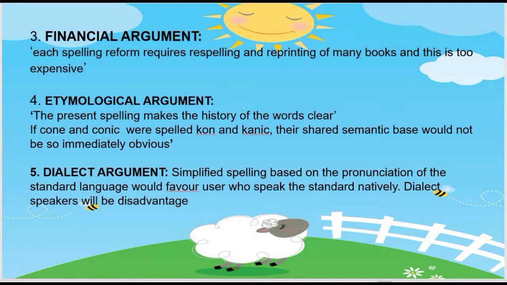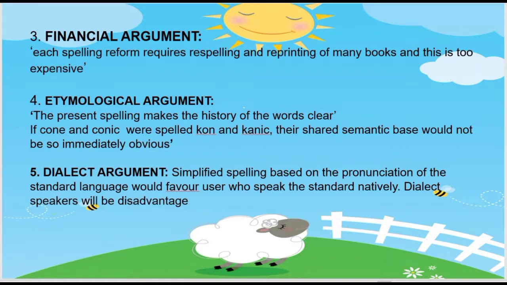By the way, number 4 is the etymological argument, the study of the source of specific words, like tracing a certain word back to its Latin roots. So con and conic would have their spelling changed, instead of say it is K.